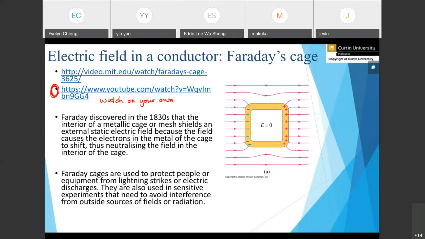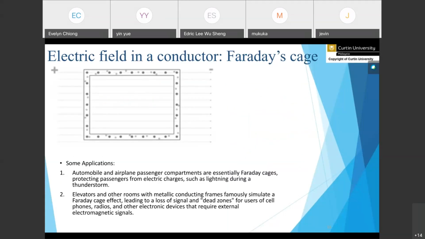So Faraday cages are used to protect people and equipment from lightning strikes or from electric discharges. They are also used in sensitive experiments, especially those dealing with testing electricity, where they don't want interference from the surroundings. Then they also have to conduct their experiment inside a Faraday cage.